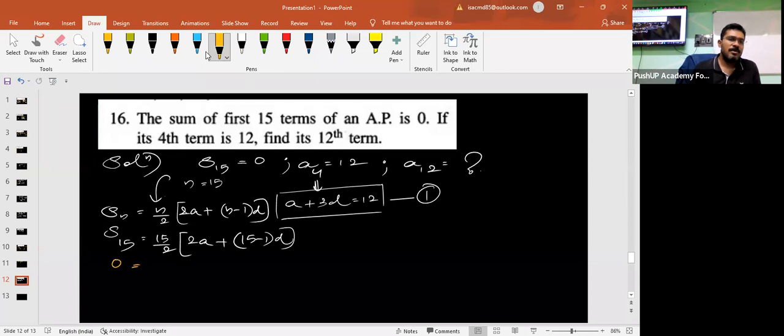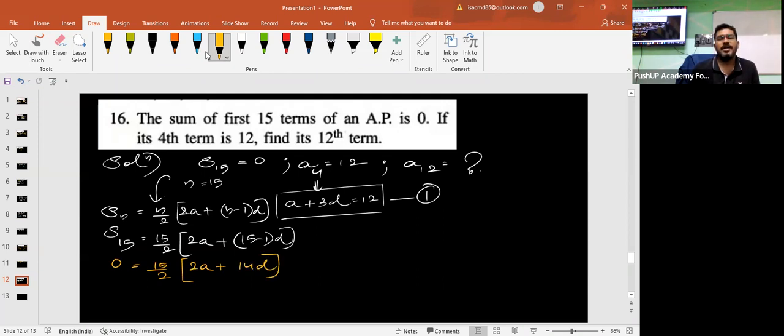It is 0, which is equal to 15 by 2 into 2a plus 15 minus 1, which is 14d. If I cross multiply 2 with 0, it becomes 0 itself, isn't it? So 0 is equal to 15 into 2a plus 14d.